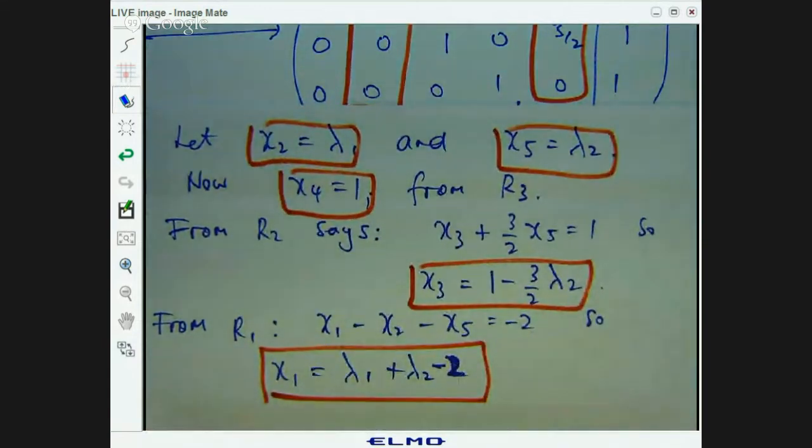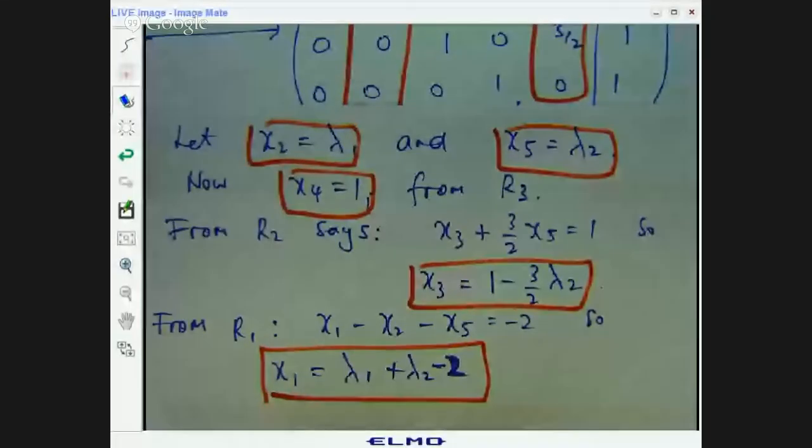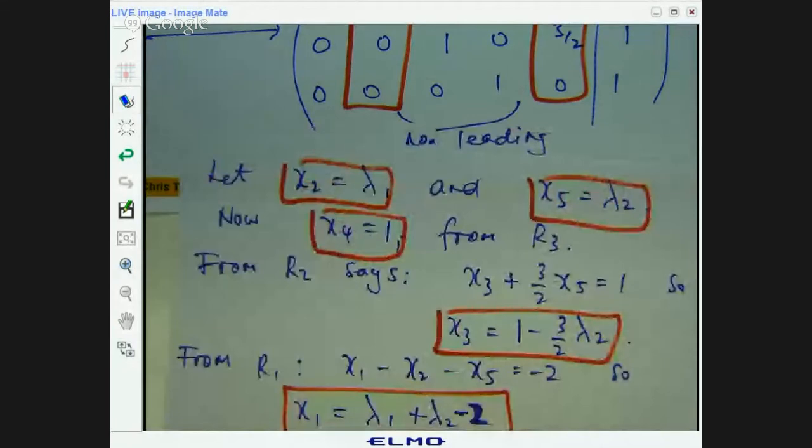Now, we've solved it. How does that compare with working with just a row echelon form? Okay, we did that in another example. Let me show you. Where is it? Just hang on a sec. Aha, here it is.